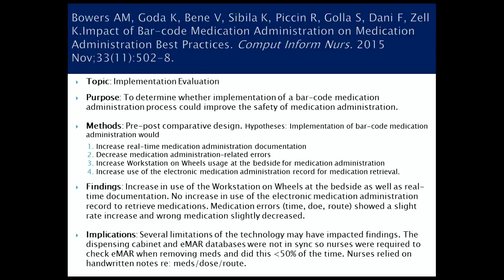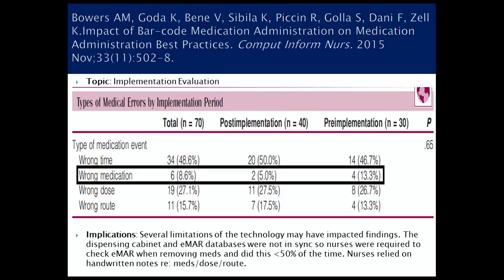And they did a pre-post comparative design, and they hypothesized, based on the literature, that after they implemented EMAR, they would have a closed-loop barcoding, that they would have more real-time bedside documentation, they would have fewer errors. But what they found was that while wrong medication errors decreased, other types of medication errors increased.